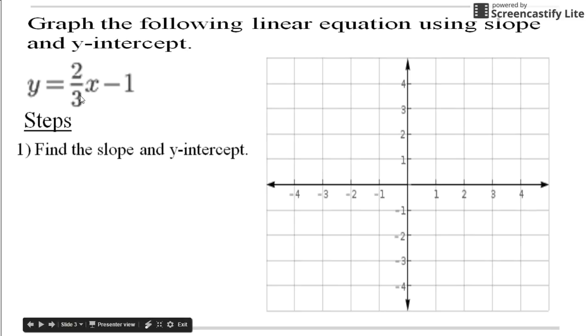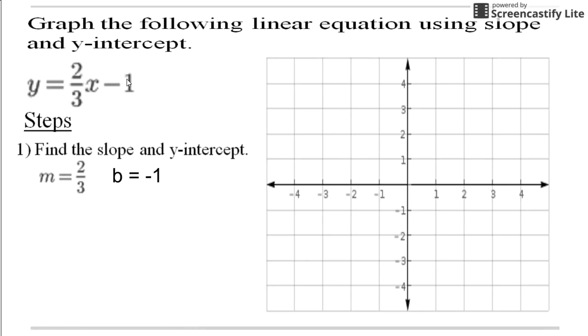So I can just look at my equation. Y equals m, so 2 over 3 is my m. My slope is 2 over 3. X plus b, so my b is negative 1. My slope is 2 over 3, and my y-intercept is negative 1.